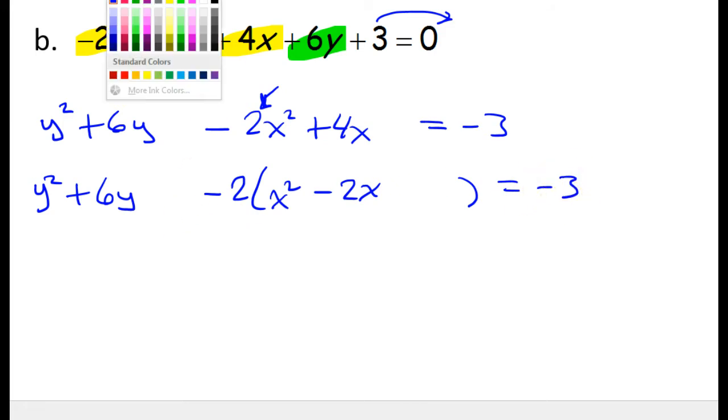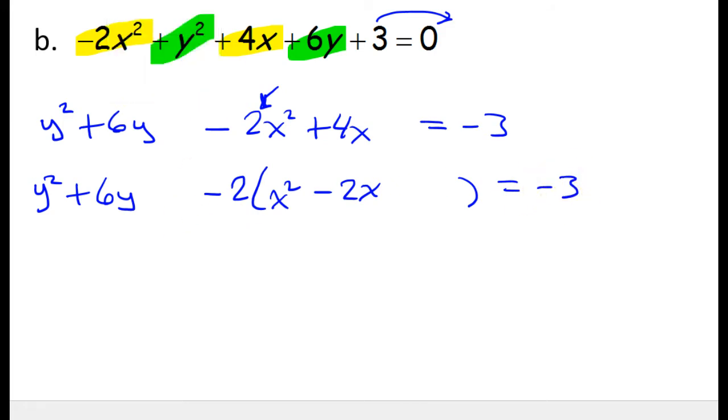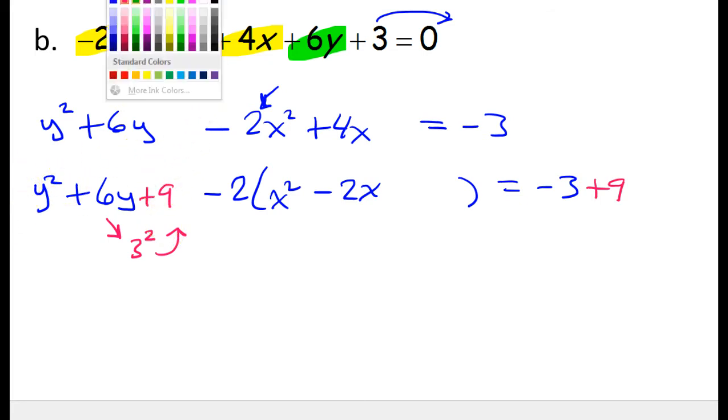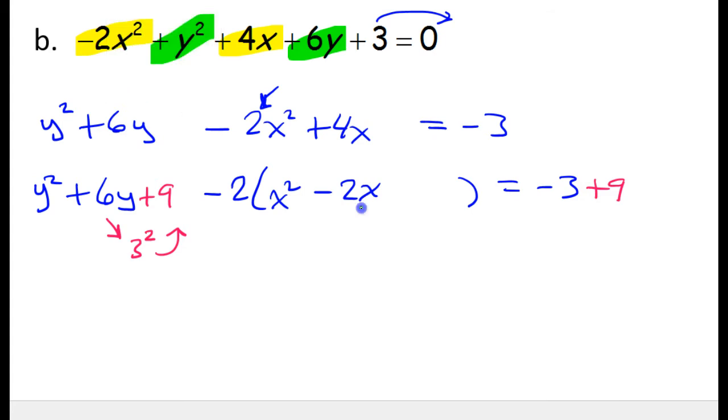Now I'm going to complete the square. So I'm going to do half the middle squared. Half of this is 3, and 3 squared is 9. So I am going to add 9 to the other side to balance this out. Alright, there's nothing out front that I have to distribute and multiply. Now, I'm going to complete the square right here as well.